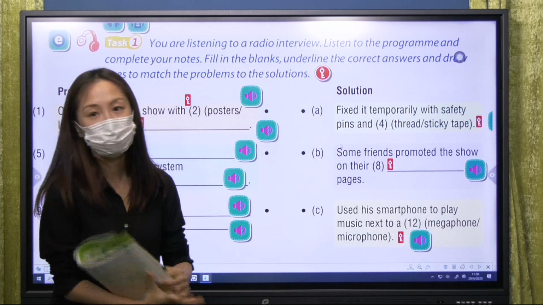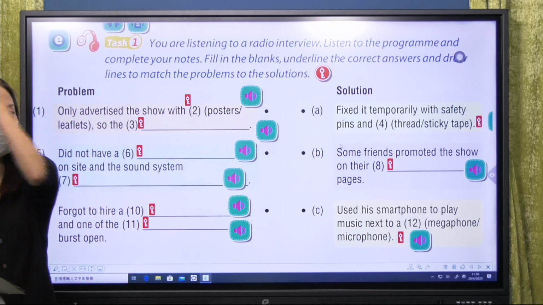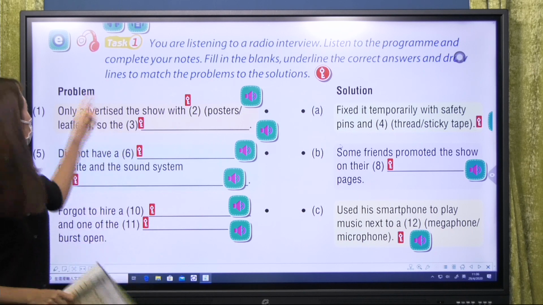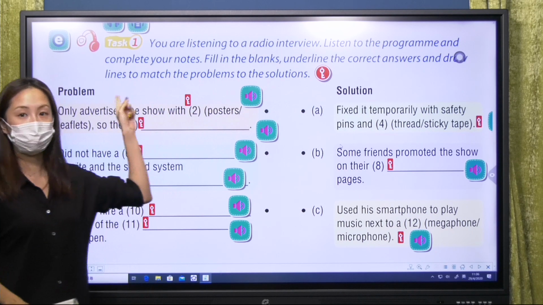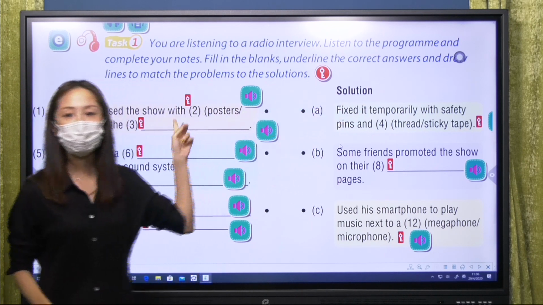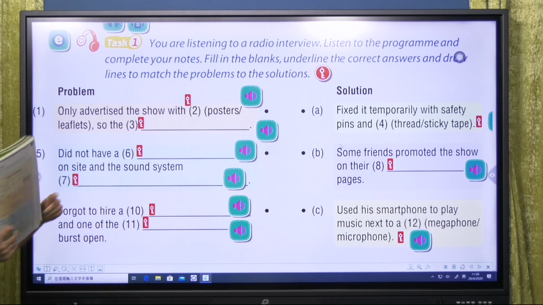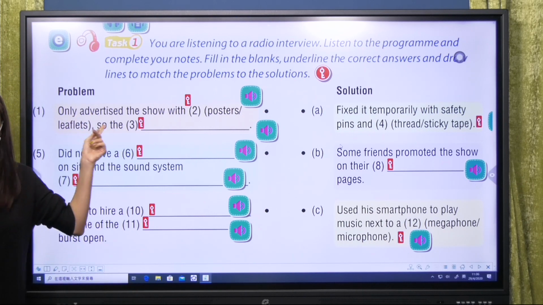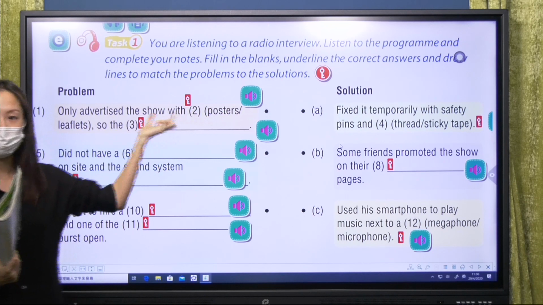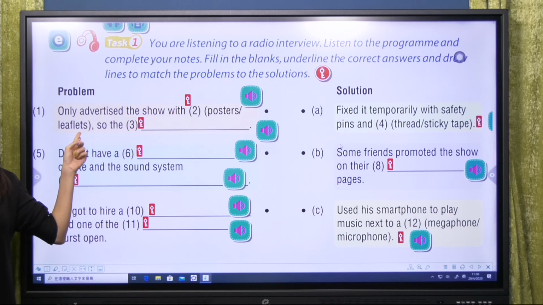Number 1 is the matching part. So we don't know yet. And then let's look at number 2. Only advertise, a problem and solution. Problem 問題, solution 解決方法. Okay, so only advertise the show with what? Advertise 廣告. So advertise the show with posters or leaflets. 海報定係小冊子.